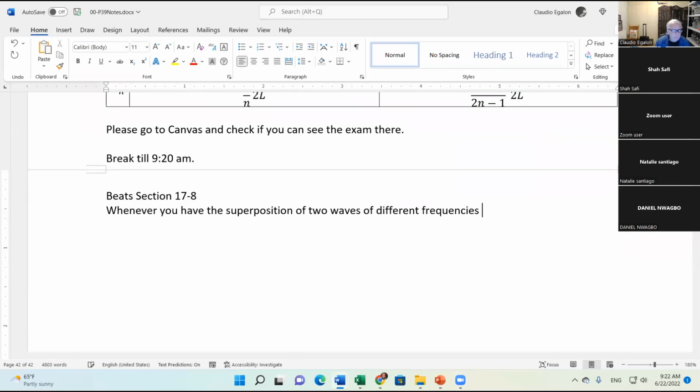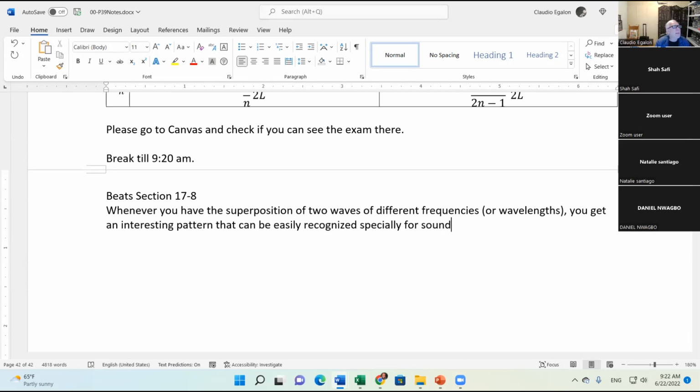frequencies, or wavelengths, you get an interesting pattern that can be easily recognized, especially for sound, okay?